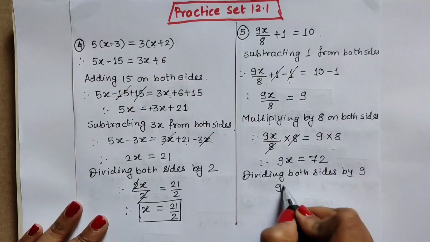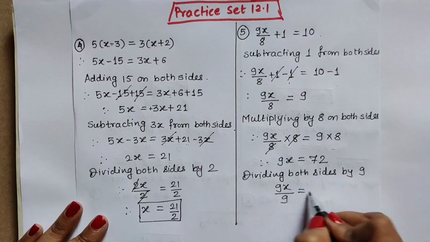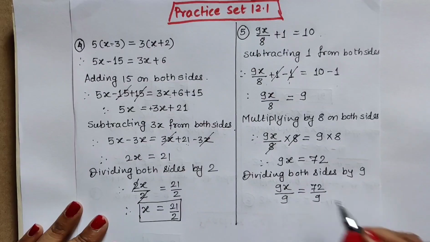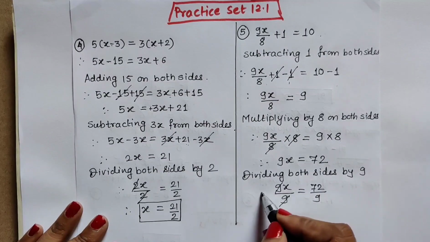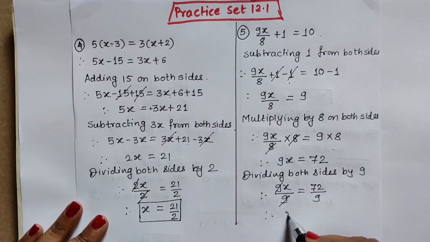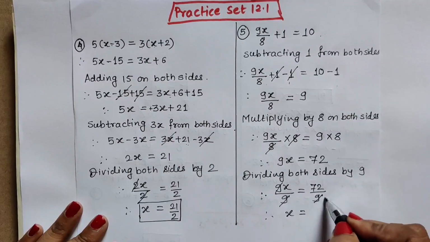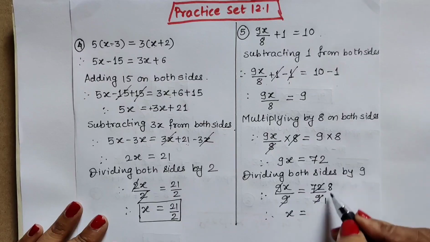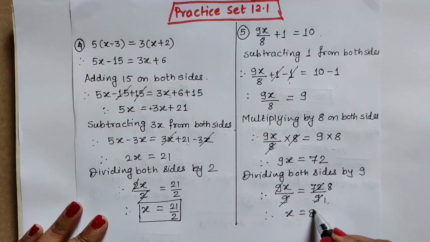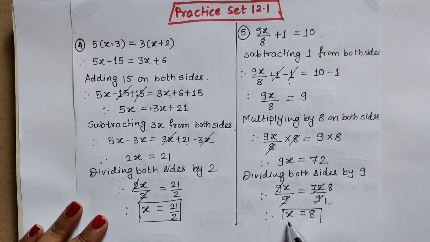So 9x is also divided by 9 and 72 also divided by 9. Here 9 getting cancelled. What is remaining? X. And here 9 ones are 9, 9 8s are 72. 72 upon 9 is 8. And in this way we get the value of variable.